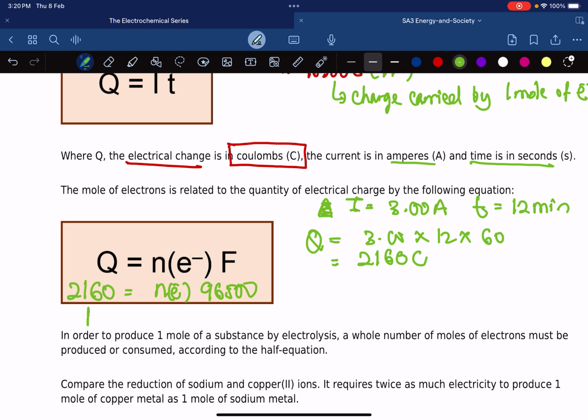This will give me the number of moles of electrons, which is 0.0224 moles. This means that during this 12 minutes, 0.0224 moles of electrons went through the circuit.